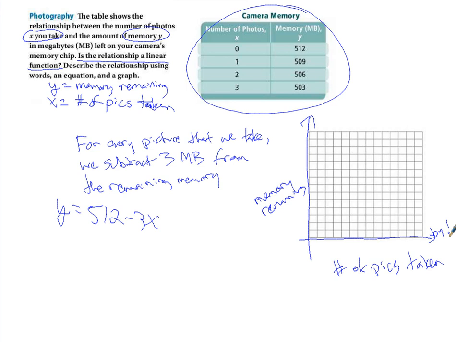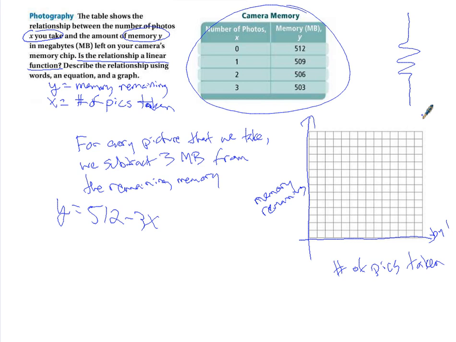One's with a break? What do you mean by a break? How do I show a broken graph? So like this? Is that what we're talking about?